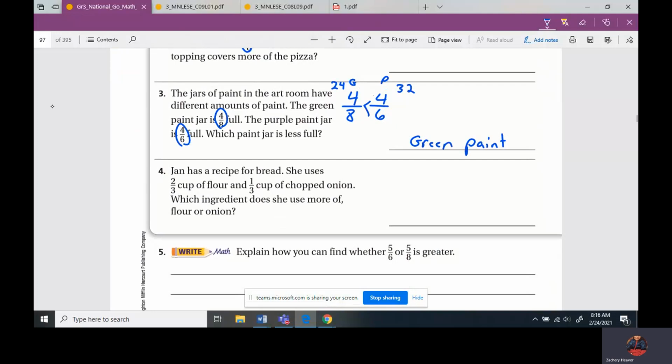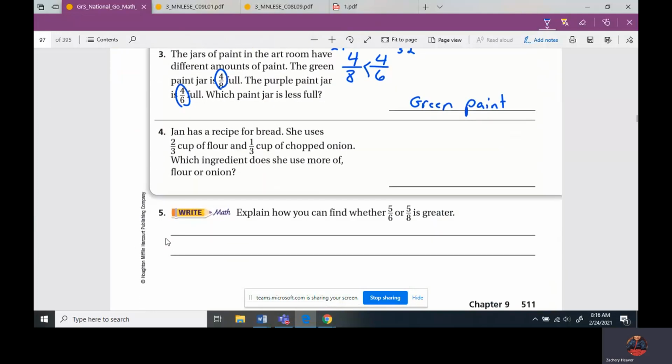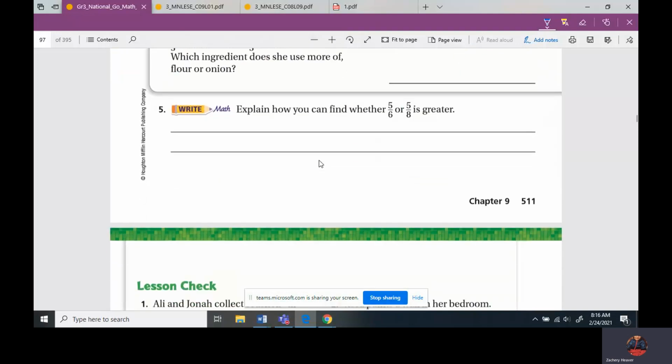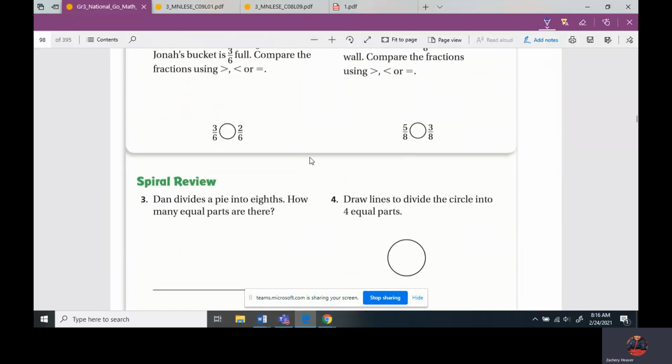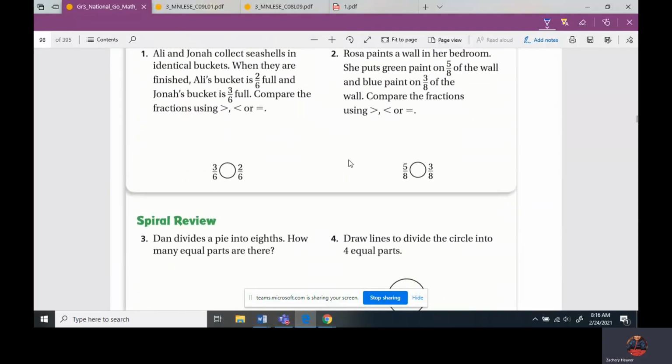You need this information. I want you to do number 5, okay? Explain whether 5/6 or 5/8 is greater. They have the same numerator, but different denominators. Which one is closer to the whole, all right? You only have to do 2, 4, and 5 on the front, and on the back, they have the same denominator, okay?